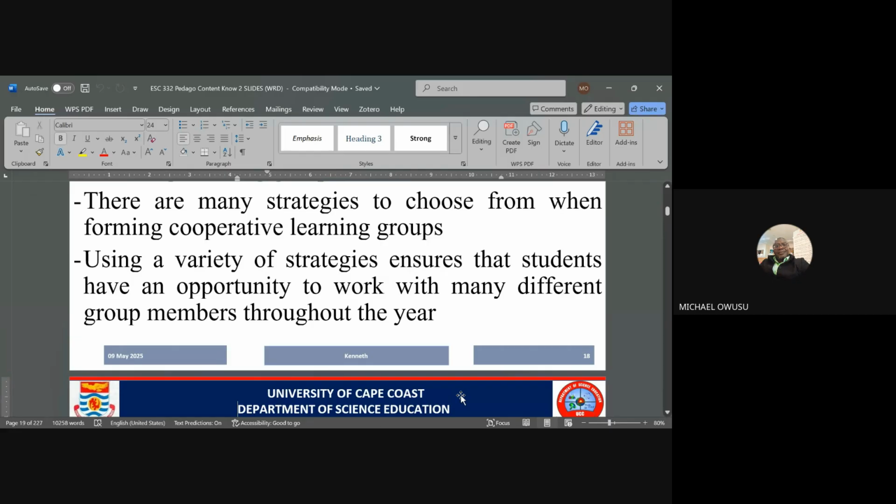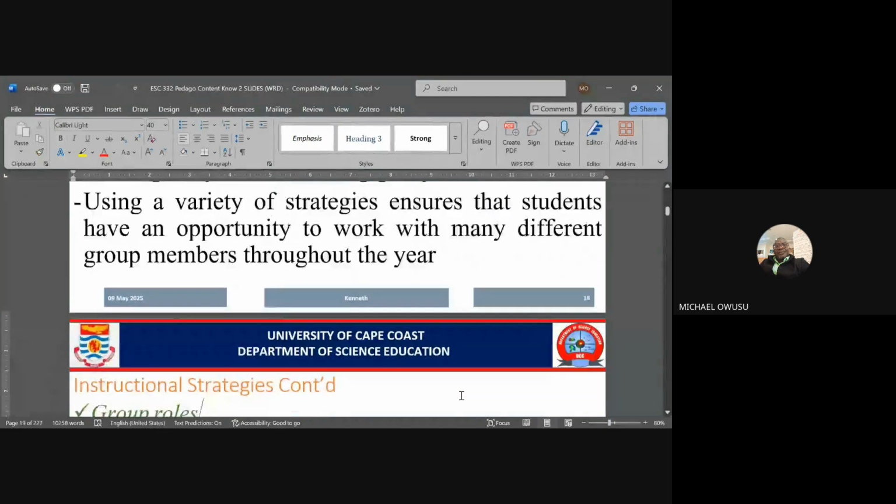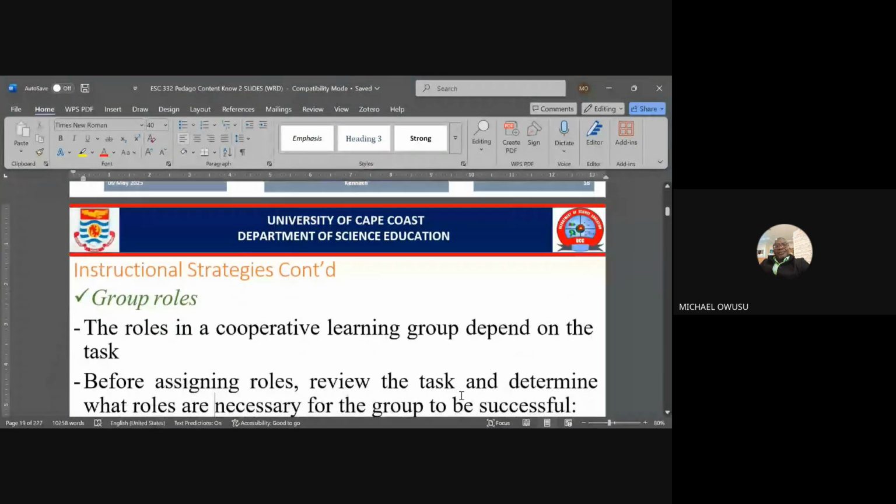You take part of group 1, take part of group 2, and mix them. Don't keep one group forever. If you keep one group forever, it's going to be a problem. Make sure that you keep giving different roles and different groups throughout the year.